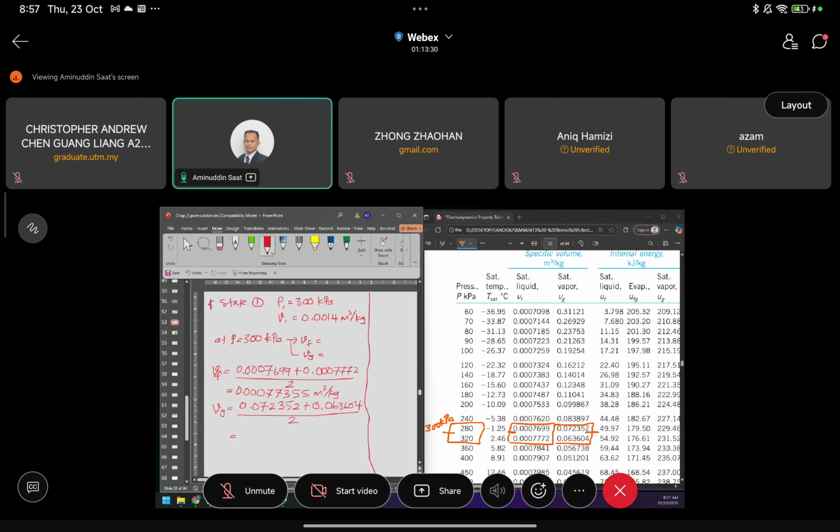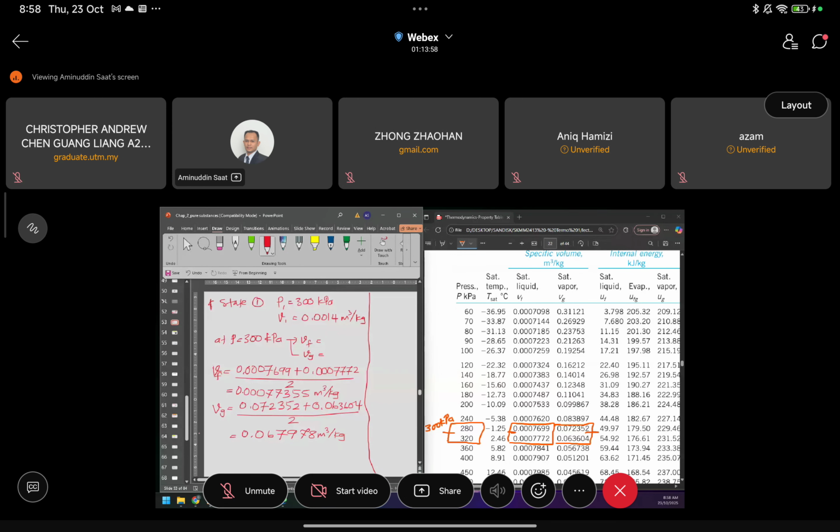And for the VG, okay, thank you, Ashraf. 0.067978 meter cube per kilogram.